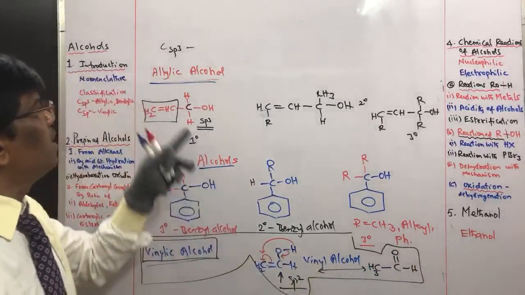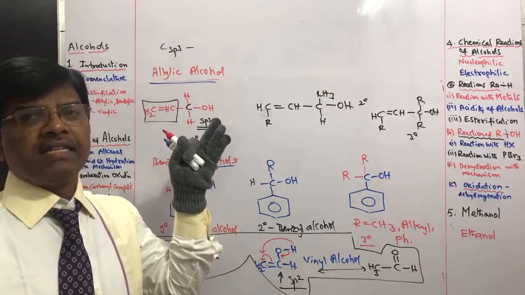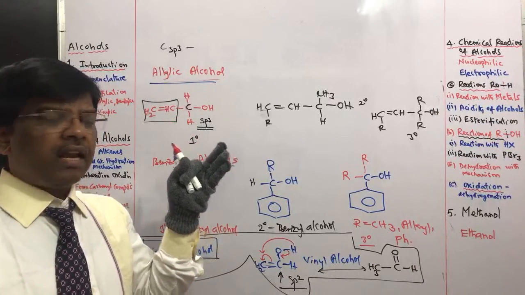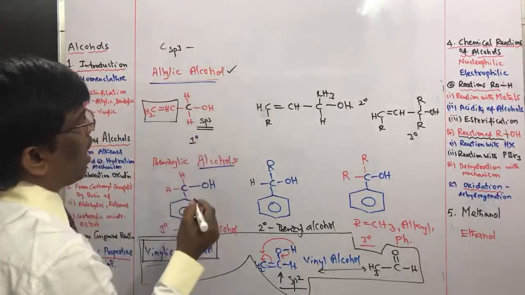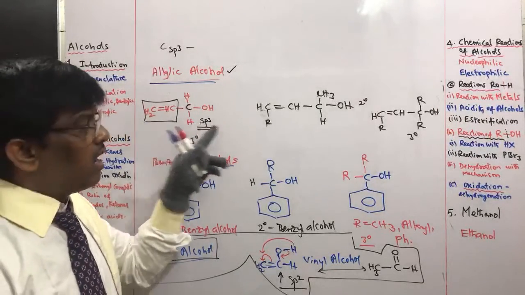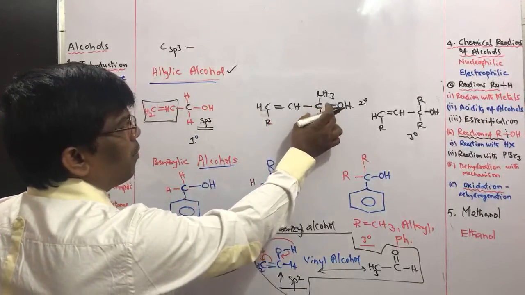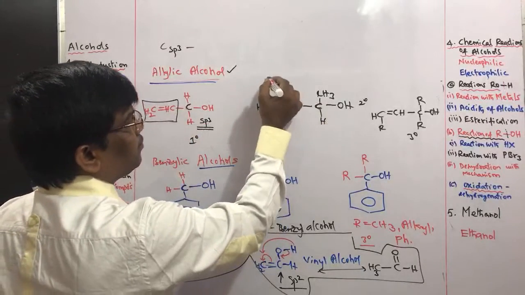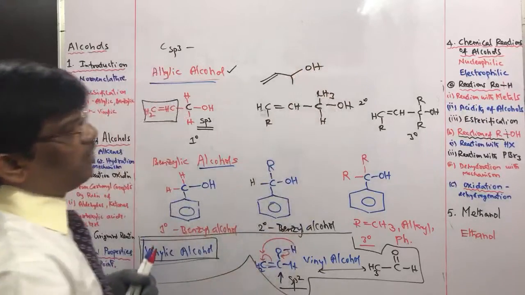Yes students, so primary, secondary, tertiary alcohols, mono alcohols, dialcohols, trialcohols, tetra, poly, like that you can write the nomenclature. And the specific examples, where the hydroxy group is attached to the allylic position, are known as allylic alcohols. If the allylic carbon is primary, then it is a primary allyl alcohol. If it is secondary, then it is a secondary allylic alcohol. So like this also you will get them.